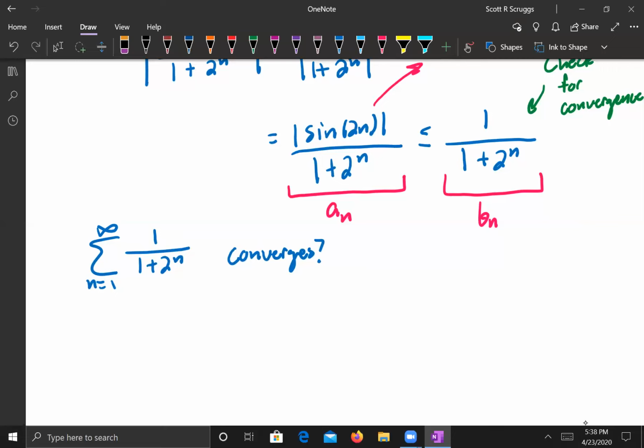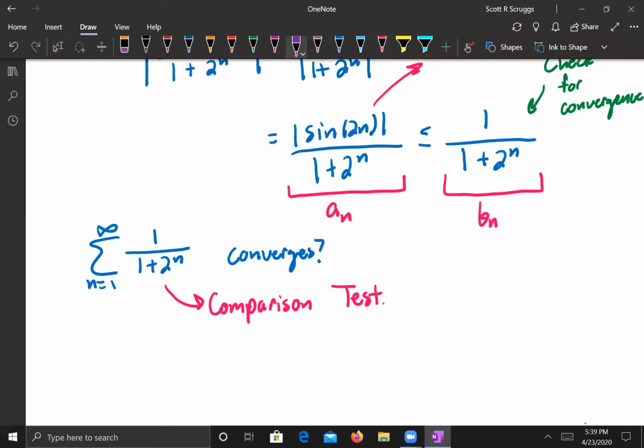Here's what I'm thinking of. And you could do this one of two ways. It's going to be a comparison test again. And here's why.